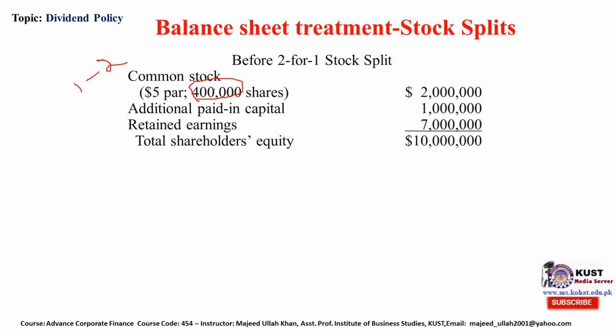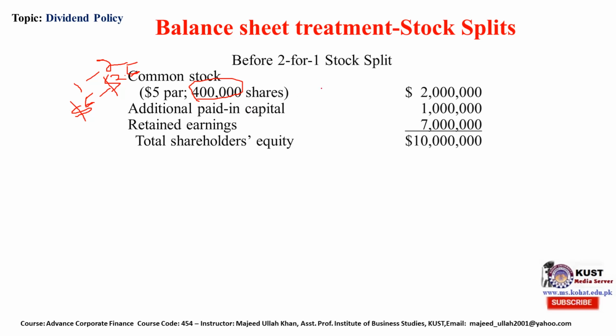It will double its stock, while its par value will go from $5 to $2.5, because if there was one share having $5 par value, now the person will have 2 shares and the par value will be 2.5.